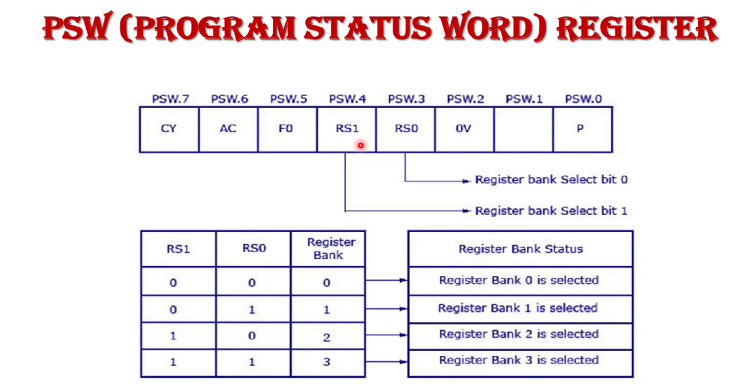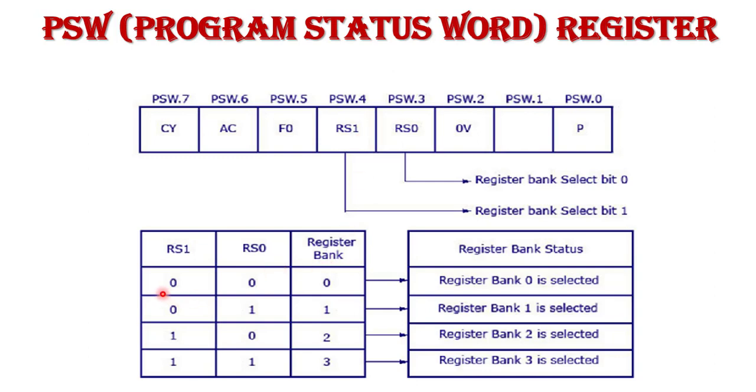As I have already told, the 8051 microcontroller has 4 register banks, that is bank 0, bank 1, bank 2 and bank 3. So out of 4 register banks, how do we select a particular bank? By the combination of these two bits, we select a particular register bank of the general purpose area in the 8051 microcontroller.